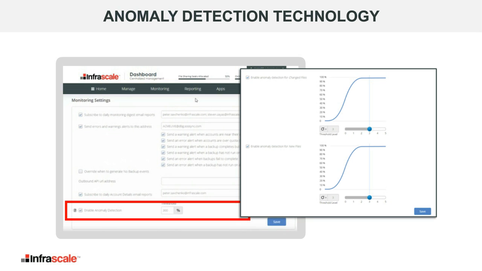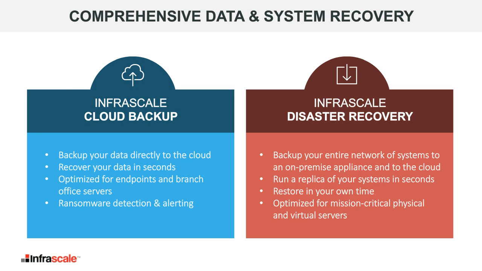So that alert gets sent out to the admins, and then you're able to detect that issue before it hits. Obviously, you can then roll back to a clean data environment much, much faster, with far less data loss. You avoid paying those ransoms, and we call this anomaly detection technology.